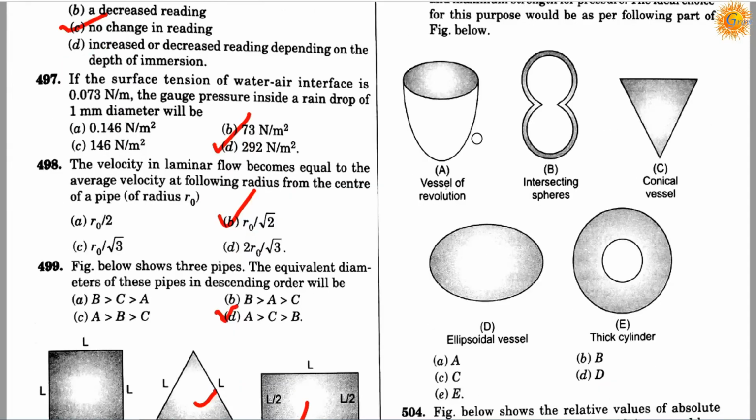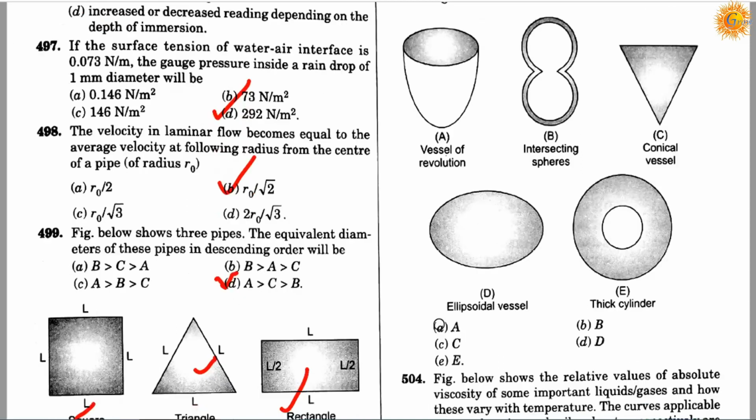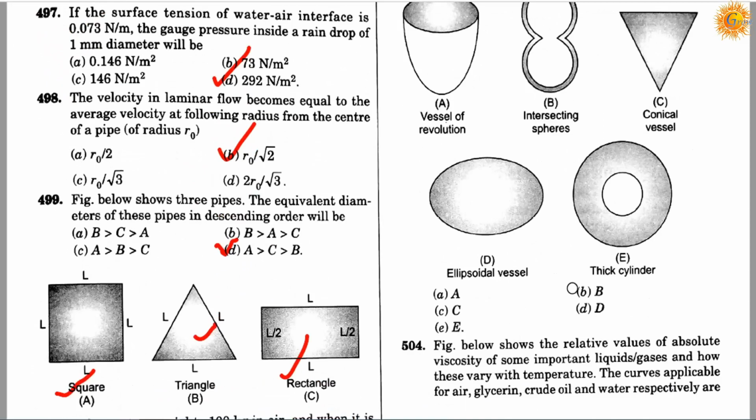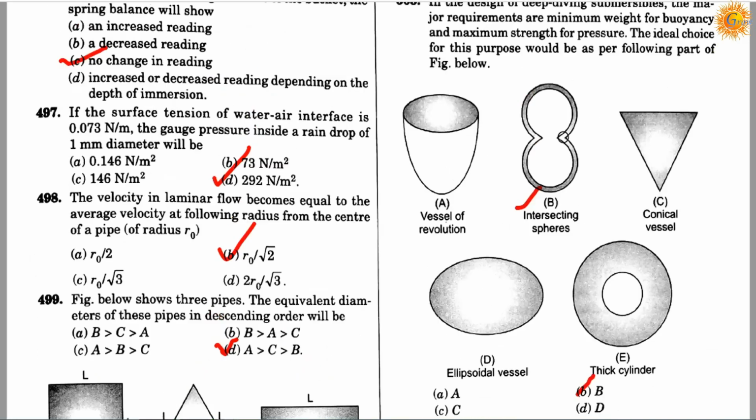So there are 5 different figures. Option A is a vessel of revolution. Option B is intersecting spheres. Option C is a conical vessel, option D is an ellipsoidal vessel, and option E is a thick cylinder. What will be the ideal choice? The correct answer is B, intersecting spheres.